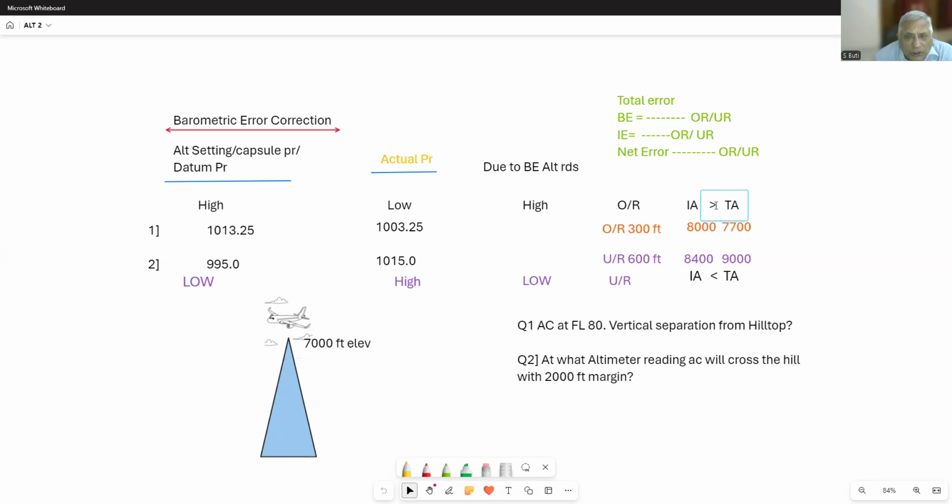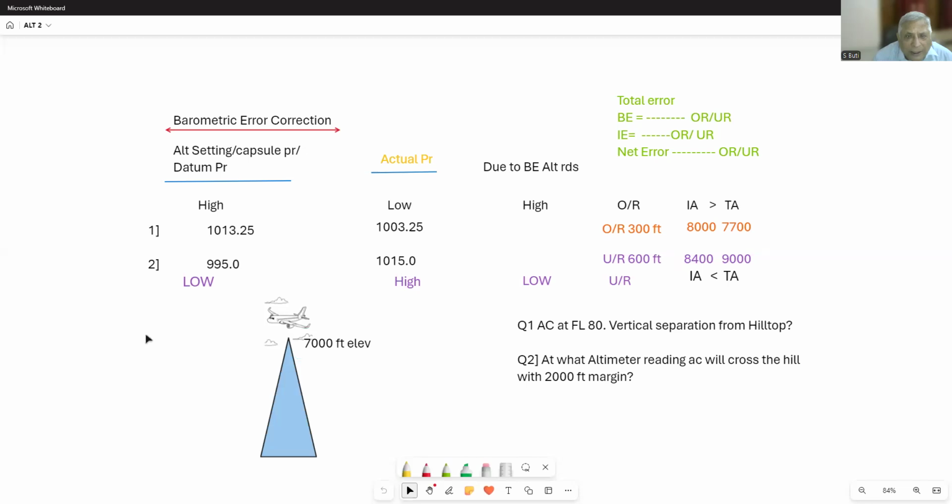So the error which I apply, one is the barometric error, which we have now calculated. And if there is an instrument error, don't forget to take that also into account. What is an instrument error? At the time of takeoff on QNH, your altimeter should have read the aerodrome elevation.